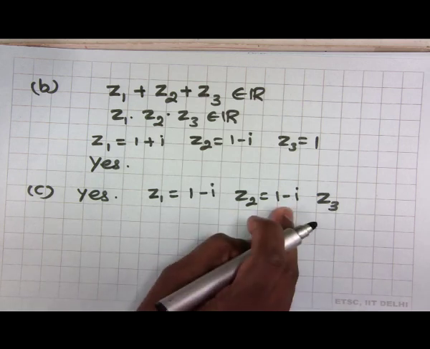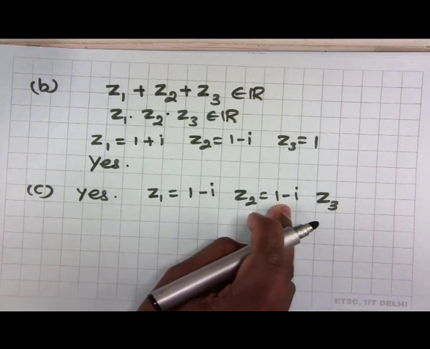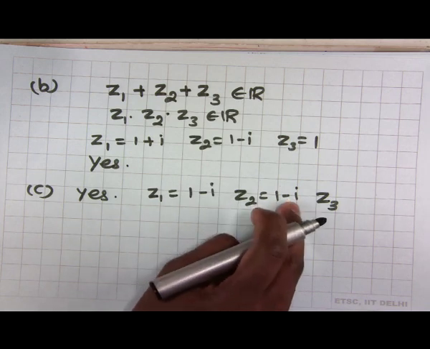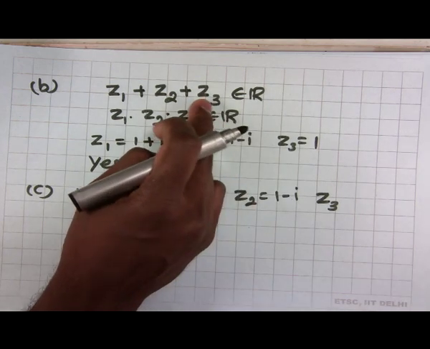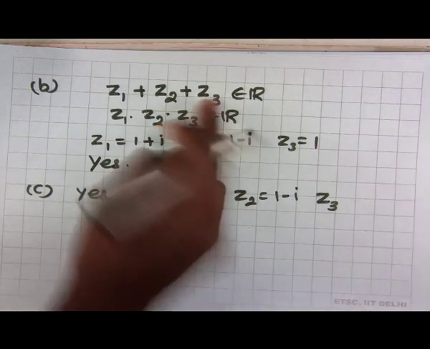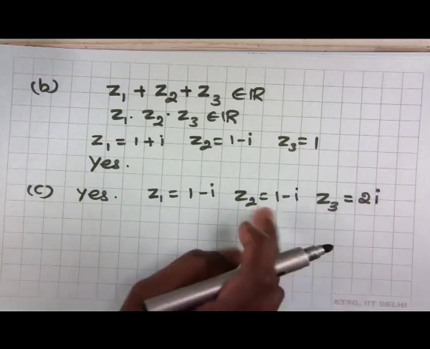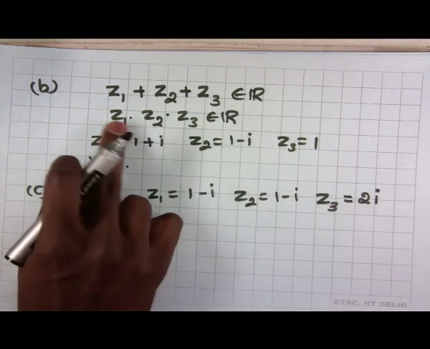Now, you see I am just going to manipulate. So, when I sum it up, what I get is, say, here minus 2i. So, what I need is that when I sum it up, it must be a real number. So, naturally I make a choice Z3 as 2i.